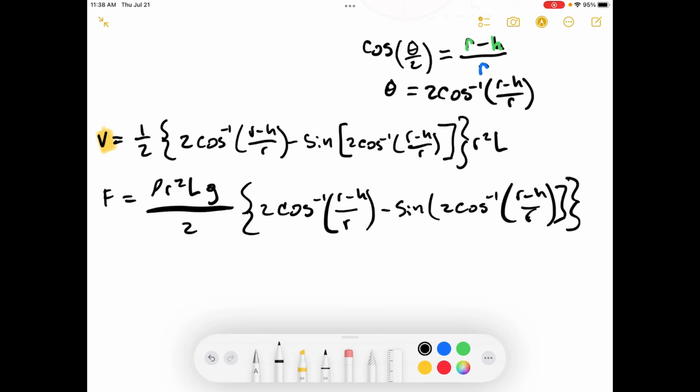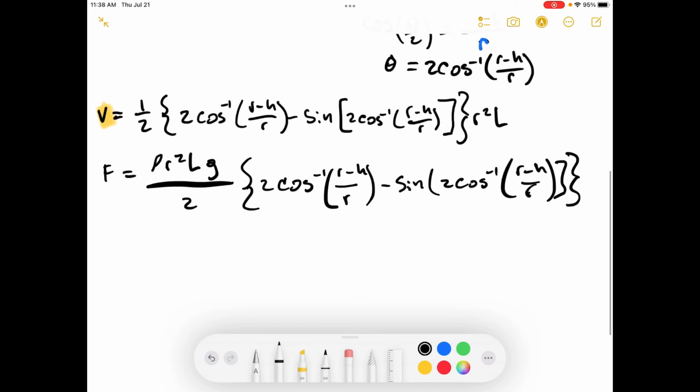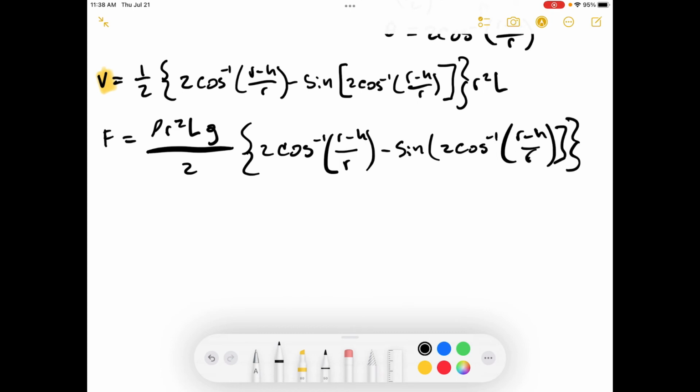Okay, so that's our expression for the force. Now, in the problem statement, they asked us to put this into a more empirical form where we're substituting in the actual numbers for all of these terms, and making an expression that uses h in centimeters and spits out force in newtons. So let's substitute in all of our numbers and do a conversion so that it yields newtons.